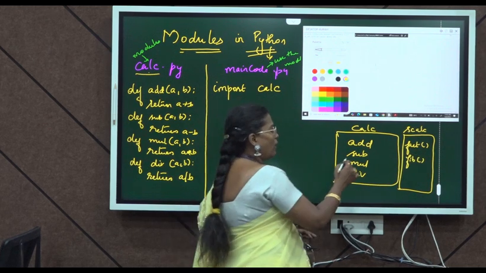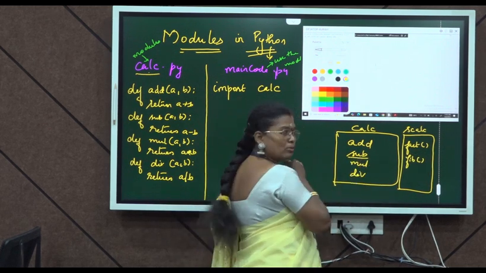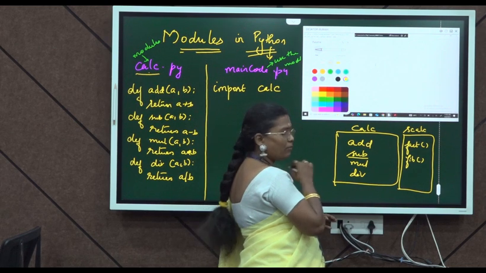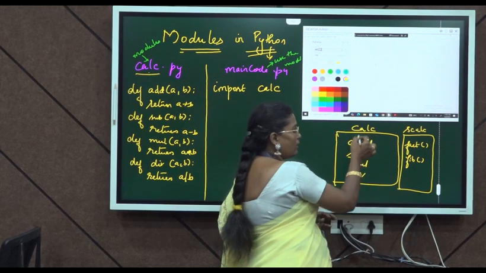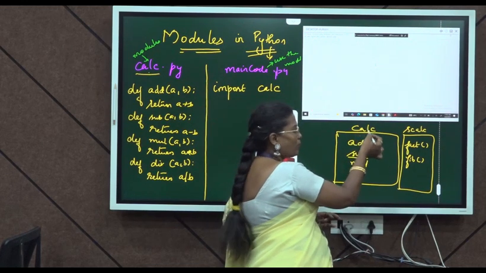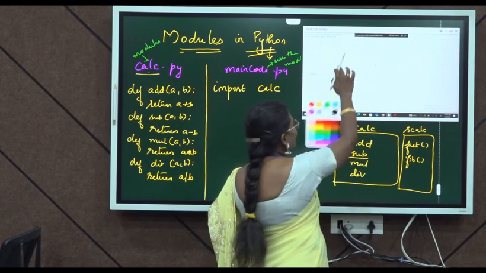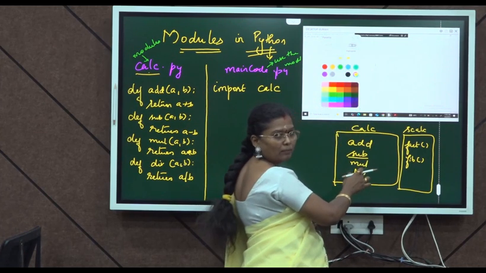Now, if I am going to use sub, how do I say? Say that sub is present under calc, so I am going to access that using calc of sub, right?